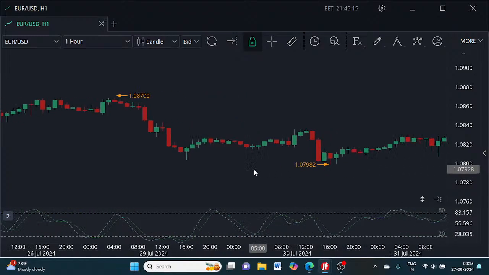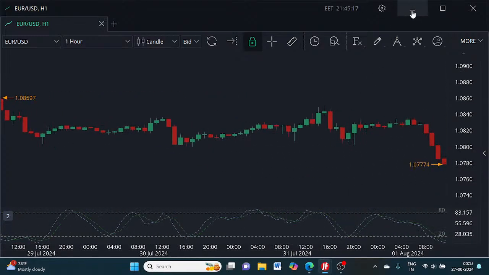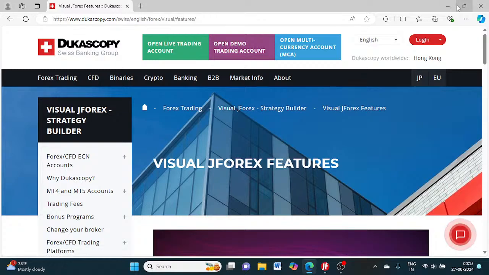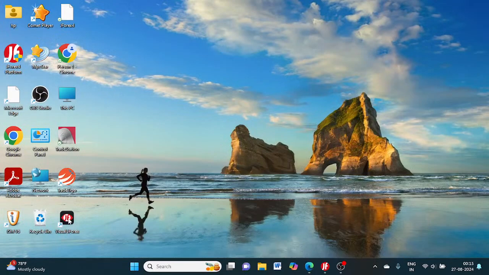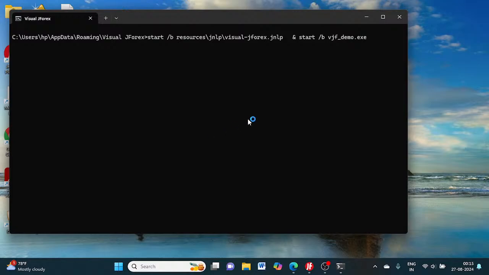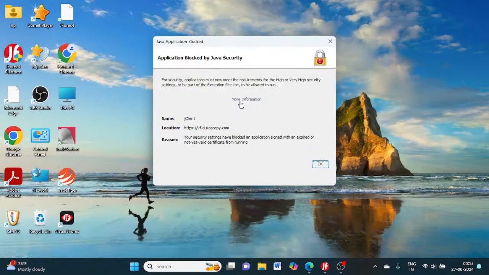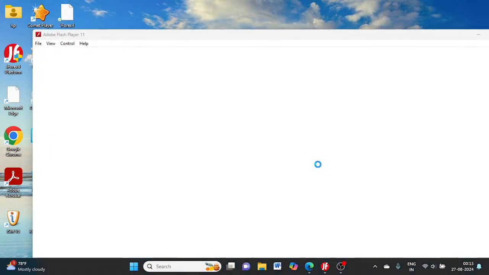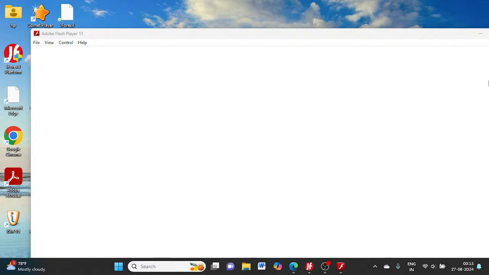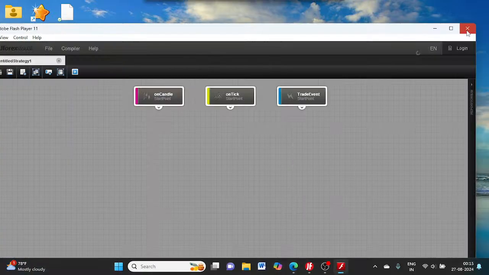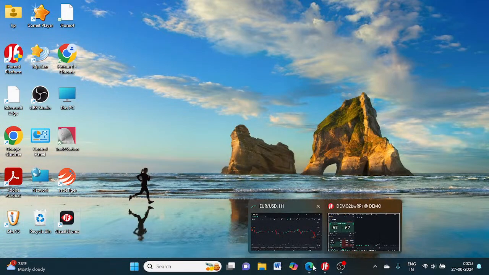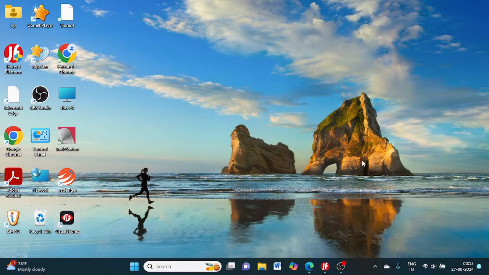Now we head to the Visual JForex platform where we will put in place a structure. So let me launch it. Here is the Visual JForex platform. It is a standalone application. You can install it and run it on your system.